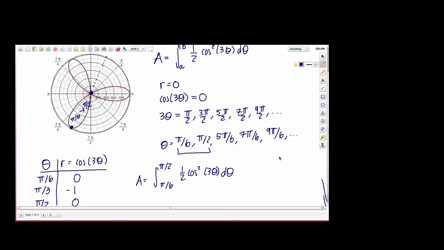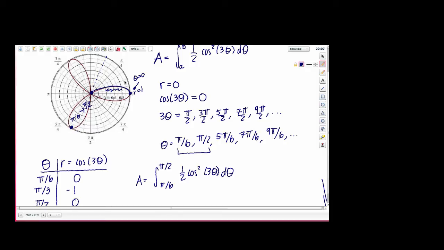There are many other ways to get the area. One way would be to say when theta is 0, cosine 0 is 1, so this point corresponds to theta is 0, r is equal to 1. Pi over 6 is in at 0. Graph your curve cosine 3x and you'll see that this gives you 0 to pi over 6. So you could do twice the integral from 0 to pi over 6.